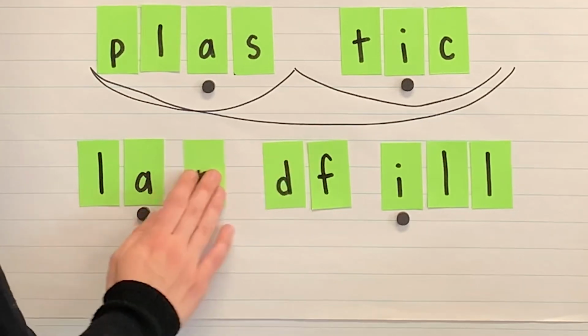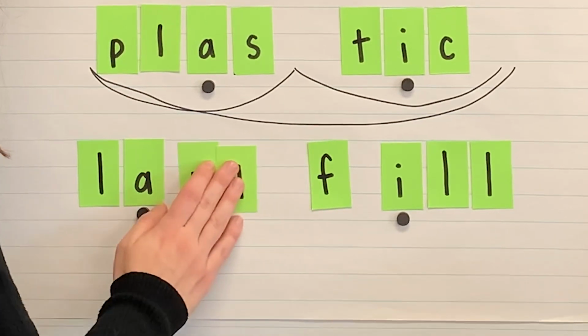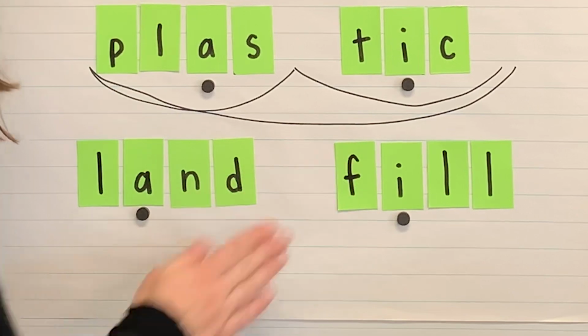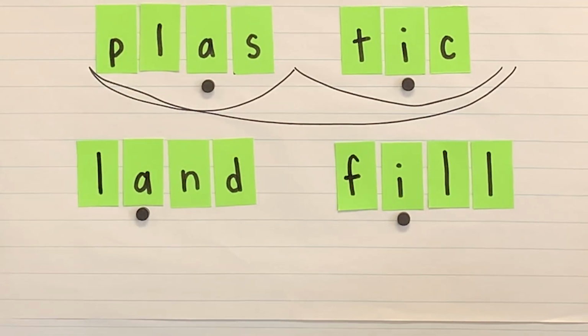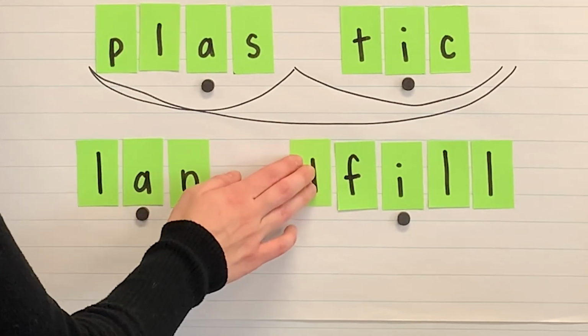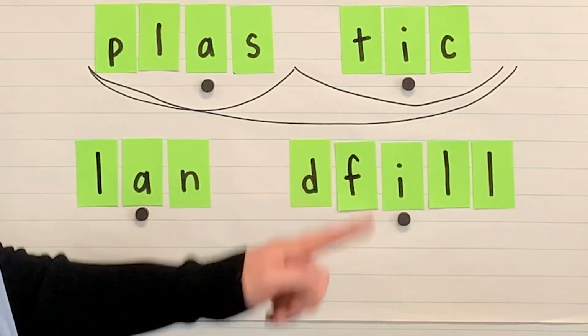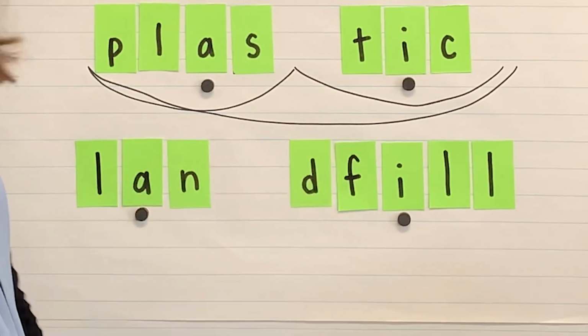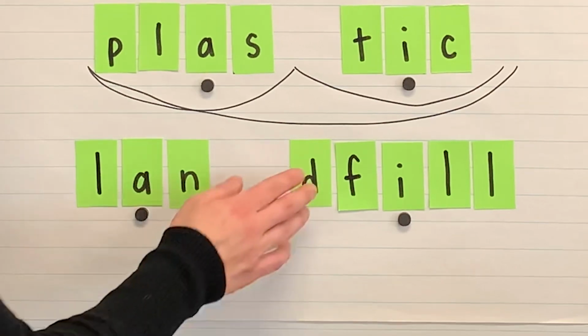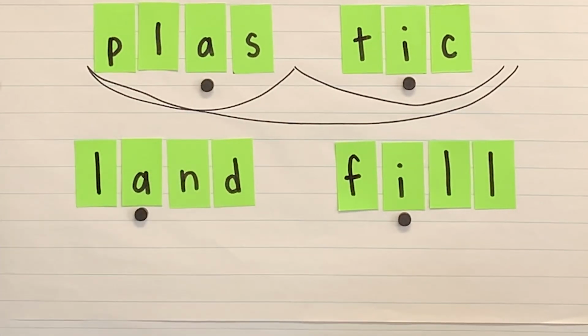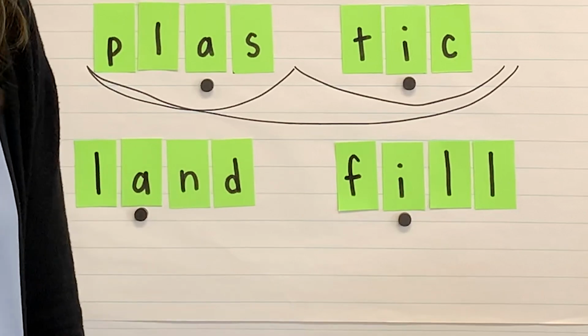Or we could slide the N and the D to the first syllable and put the F in the second syllable. When I looked at this right there, I was looking at that word part, and my first thought was, that would be hard for me to blend that D and that F sound together. But as soon as I slid that D over to the first syllable, I noticed 2 words that I know.